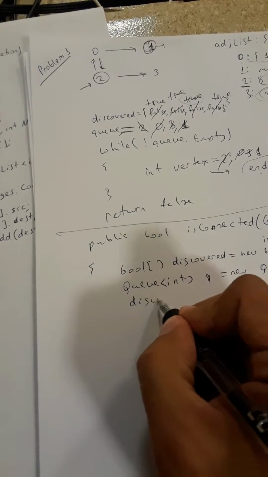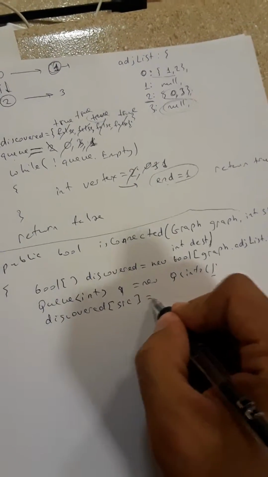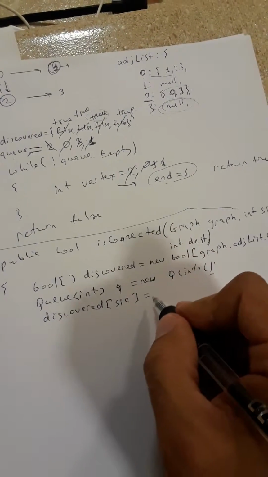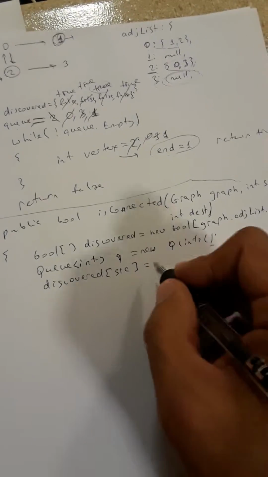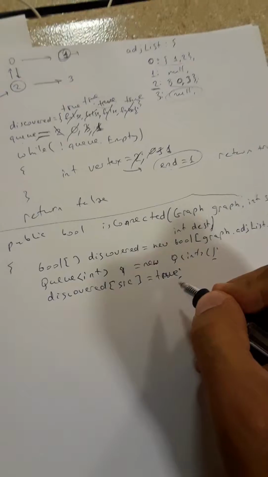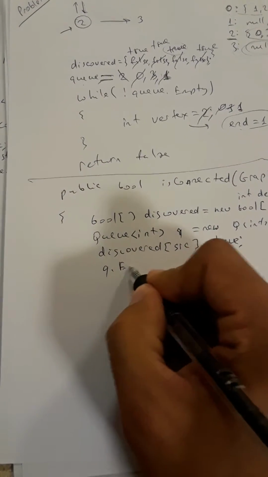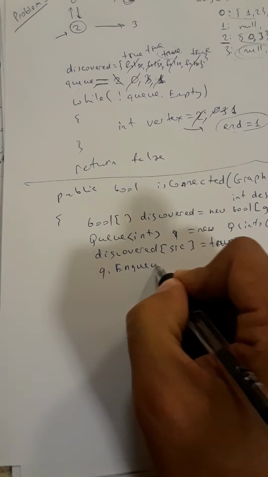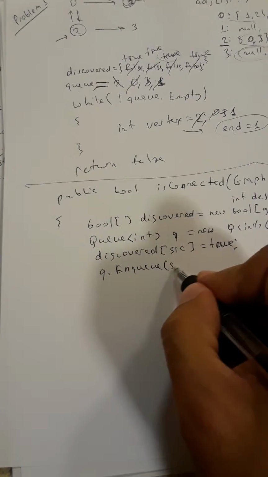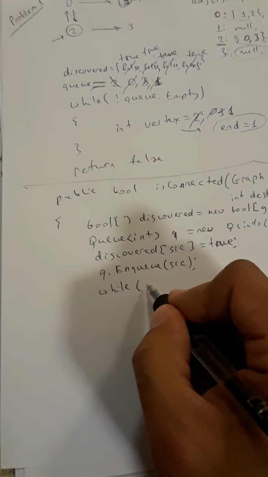And we'll change the value of our first source edge to true, meaning that we already considered this edge. Then we'll push it to our queue, and then we will initialize our while loop.